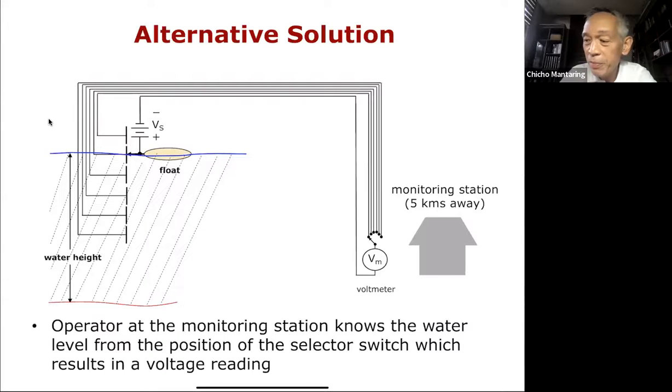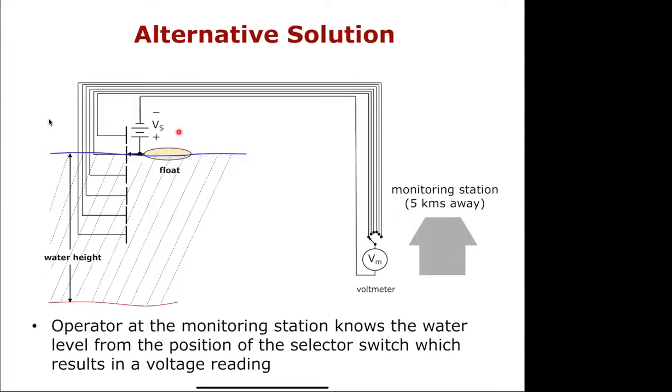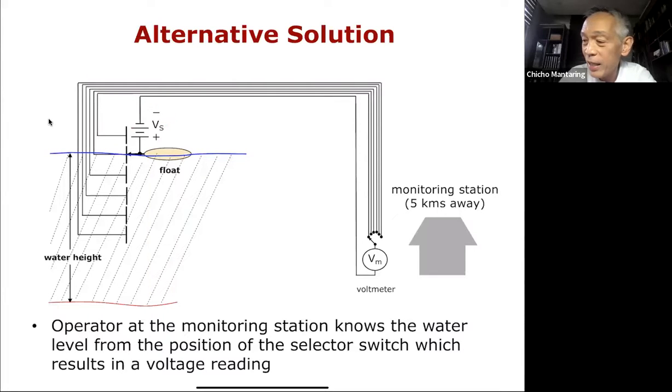Well, ganito 'yan, ano. Ngayon, pwedeng magbago yung VS, pwedeng mahaba pa rin yung long wire. Pero ang ginagawa nito, tinitignan lang niya kung may nadedetect siyang voltage o wala siyang nadedetect na voltage. Di ba? That's the only thing.